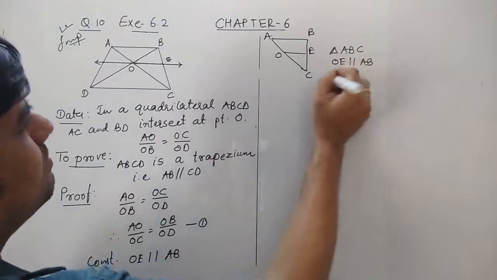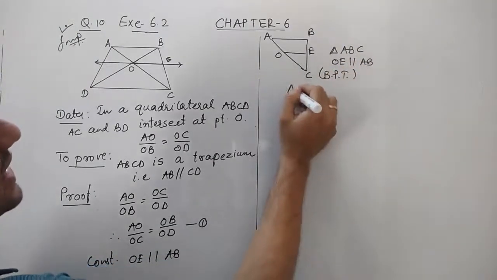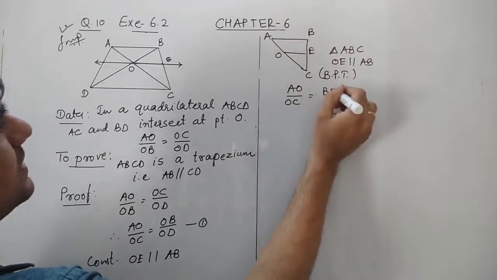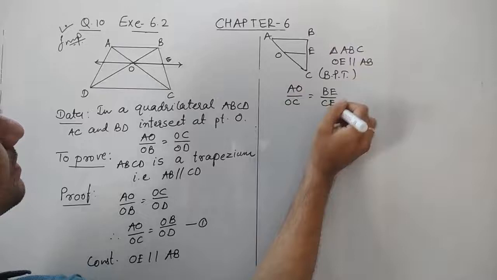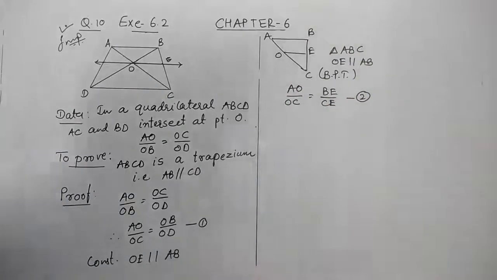So again, by using basic proportionality theorem, we can say that AO upon OC is equals to BE upon EC. I'll give this as an equation number 2. Now look at the first number, AO upon OC.